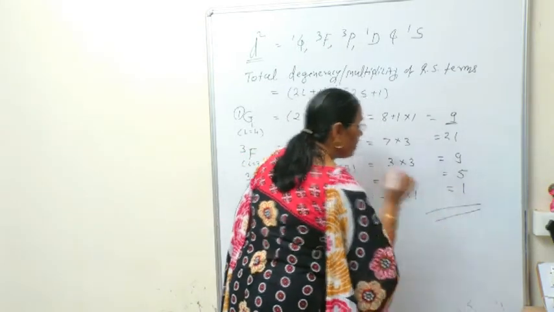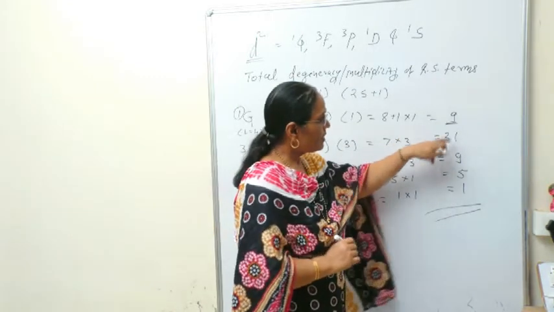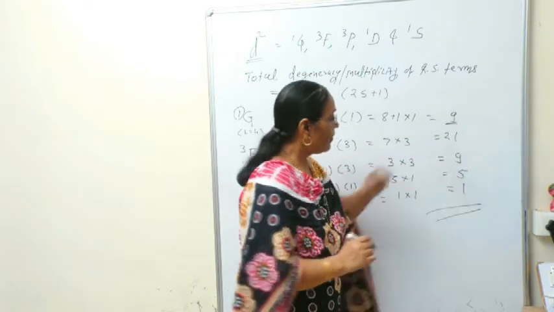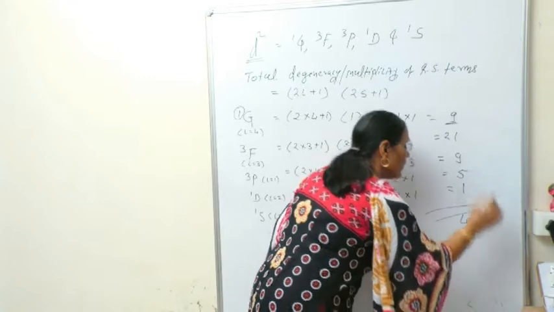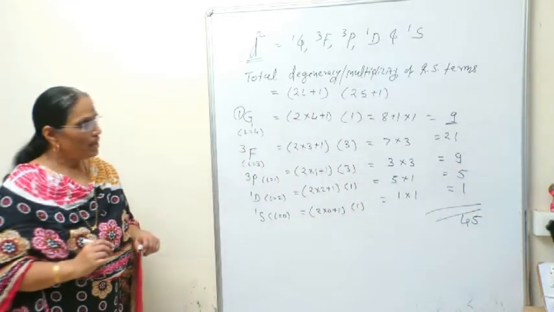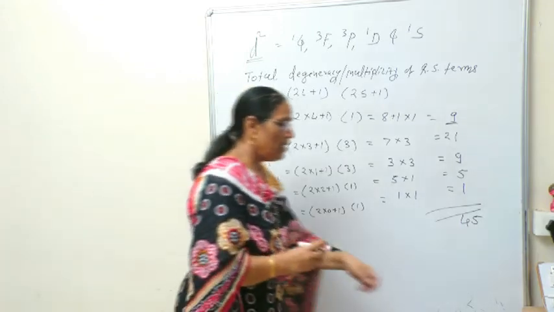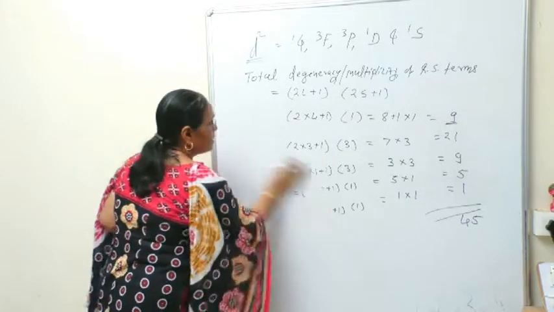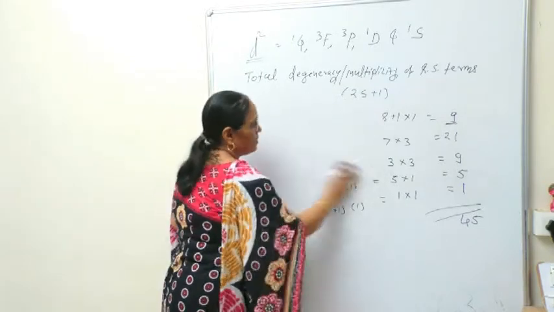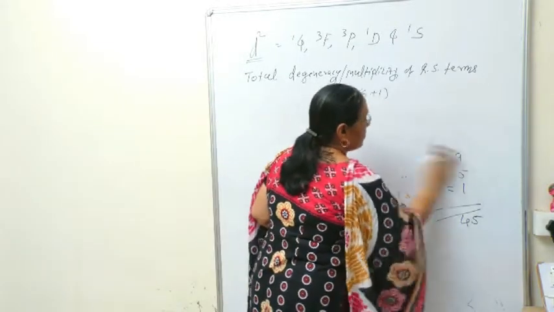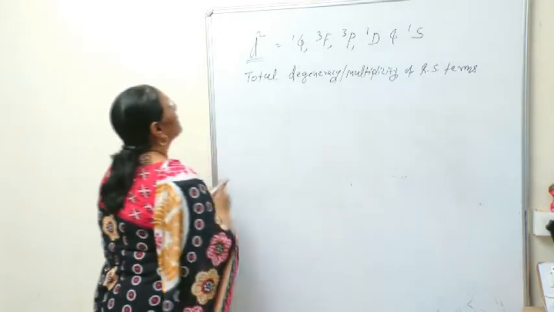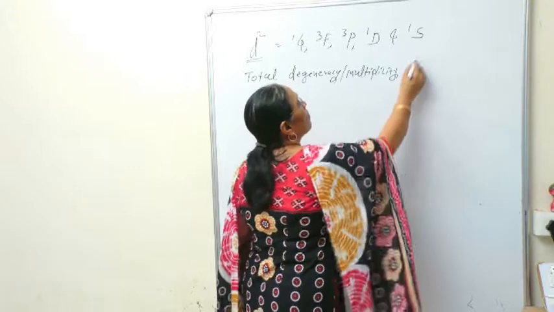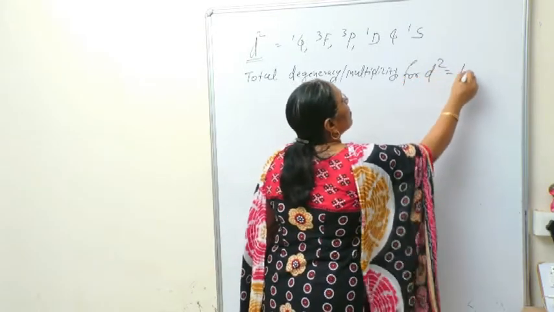So in this way, the total degeneracy is 9 plus 21, 30, 9 plus 1, 10, 40 and 5, 45, which we have determined from the microstate table and by using the n factorial equation. So we can say that the total degeneracy or multiplicity for the d2 configuration is 45.